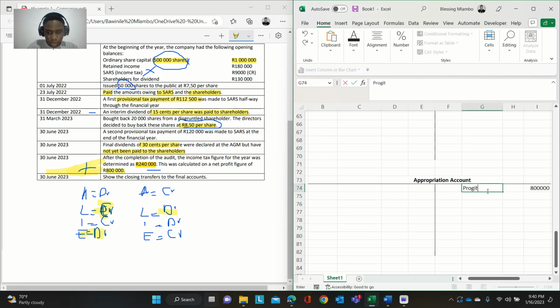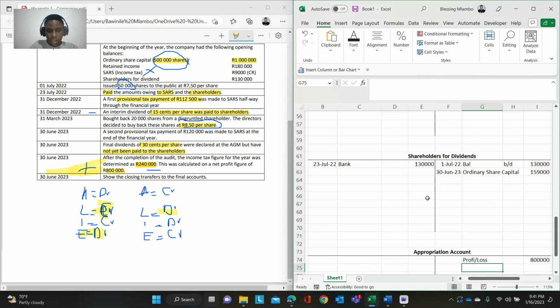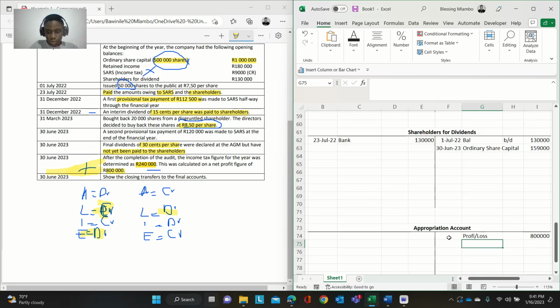So let's say this is from the profit or loss account, right? It's from profit or loss. So we're going to distribute this profit to income tax, dividends, and lastly the retained earnings. So we just plug in that profit for the year. Let me just write the date, June 2023, and then go up.